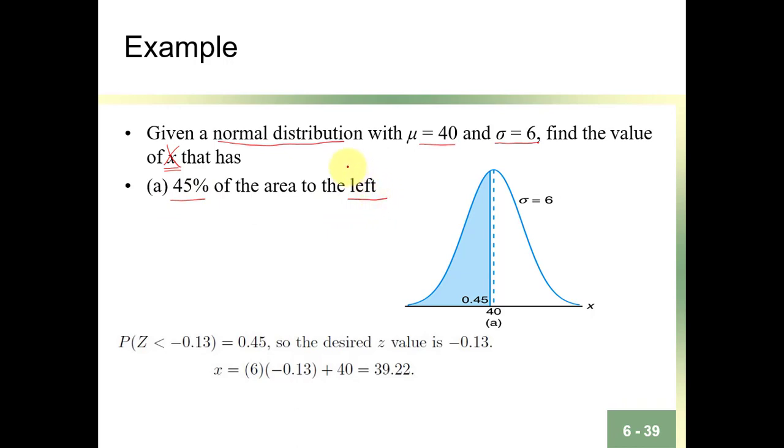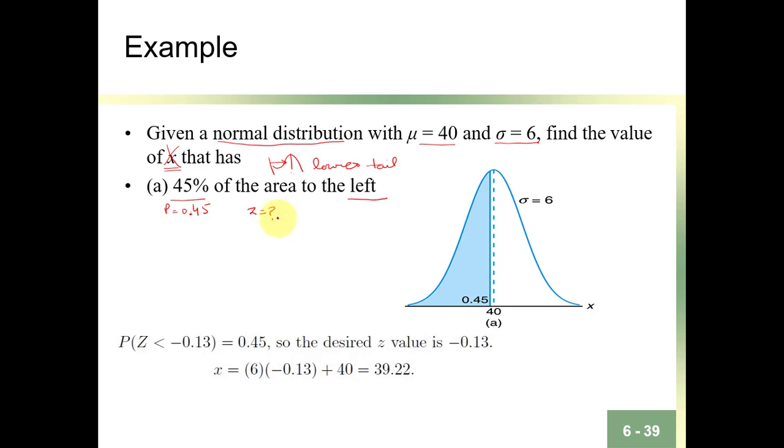From the left you can take the clue that the left is the lower tail, and then the normal distribution value from the table also gives us the results from the left hand side. So this is one of the concepts. 45% means the probability is equal to 0.45, and we don't have any z value in this data.